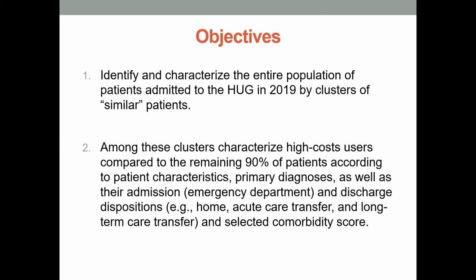The main goal of this study was to identify and characterize the entire population of patients who were admitted to the University Hospital of Geneva during 2019 by trying to get clusters of patients who will be similar.